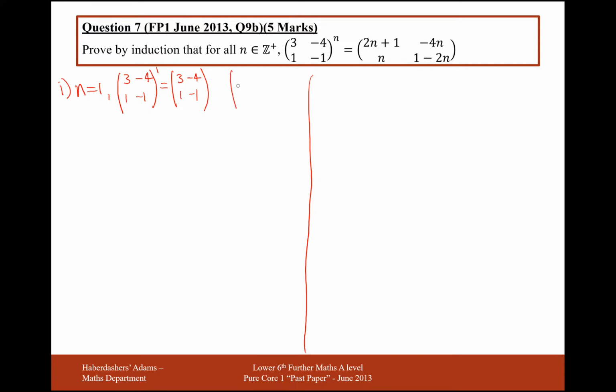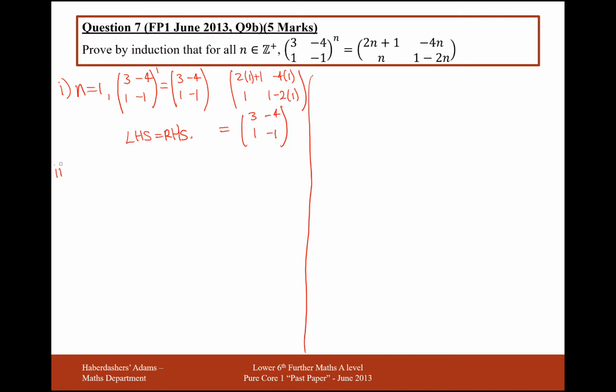The next one is going to be 2 lots of 1 plus 1, 1 minus 4 lots of 1, 1, 1 minus 2 lots of 1, which is equal to (3, -4; 1, -1). Great, so we have here left hand side equals right hand side for n equals 1, which is just what we want.